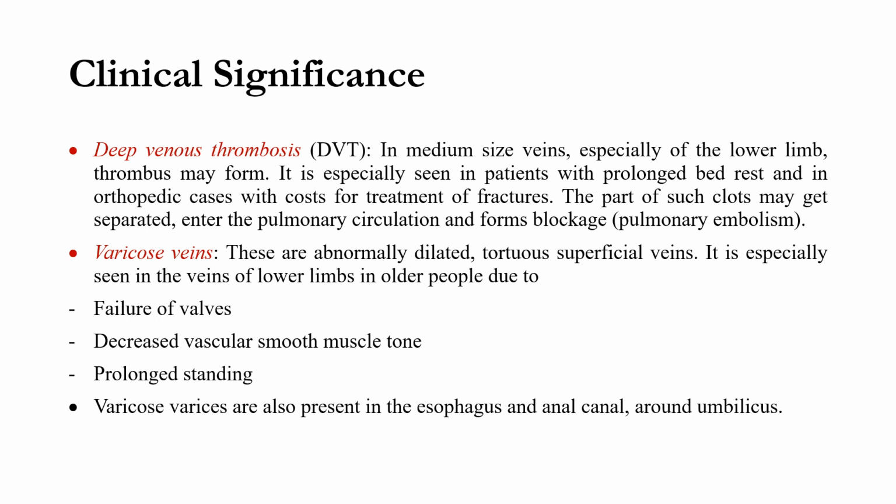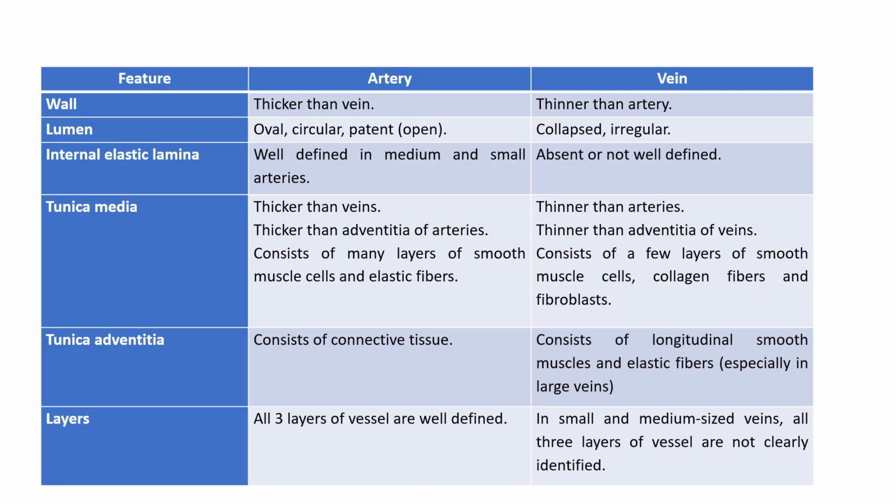due to dilatation of superficial veins. So let us revise the difference between artery and vein. Histological differences: the walls of arteries are thicker and the wall of a vein is thinner. The lumen of an artery is open, patent, and circular, whereas in veins the lumen is collapsed and irregular.